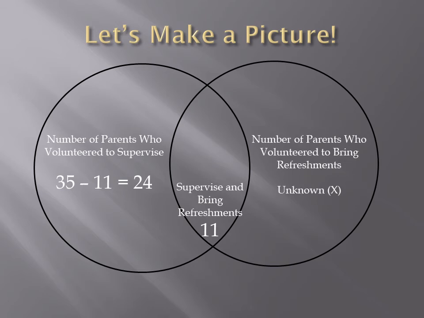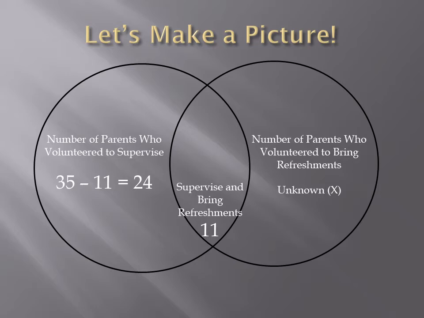As we start putting in the information, one of the pieces of information that we know is that 35 parents volunteered to supervise children, and 11 parents volunteered to supervise children and bring refreshments. Over here on the left-hand side, we want to include the number of parents who only volunteered to supervise.